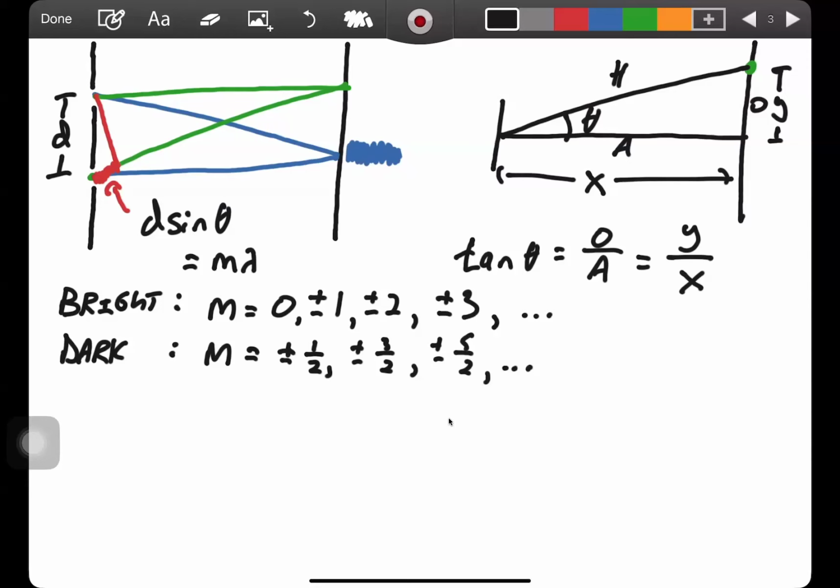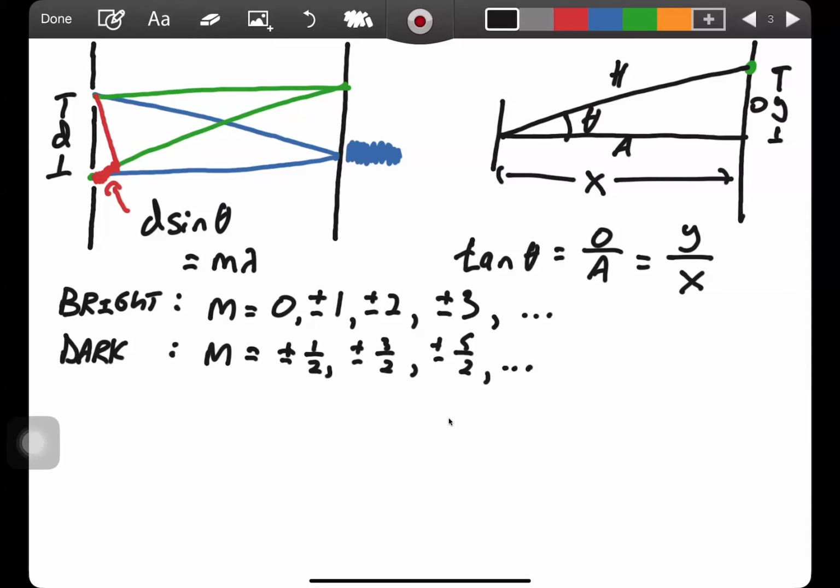Now the difference in path length is a half integer multiple. And so that means that that half integer multiple difference in path length results in the waves being out of phase with each other by the time they hit the screen. If they're out of phase, that means that peaks align with troughs and troughs align with peaks, and you have destructive interference and you have a dark region.